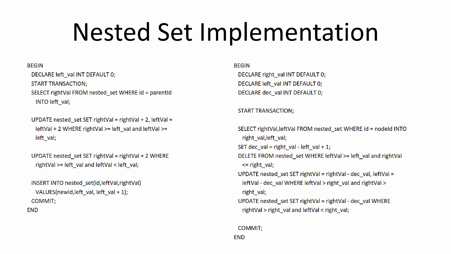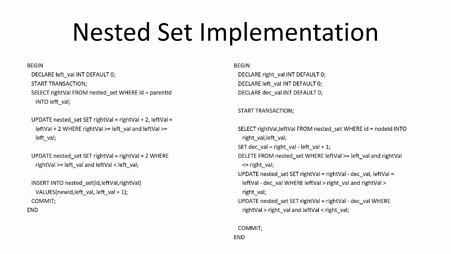And what the algorithm for adding is doing is first it's passed in the parent ID, and so it gets the right value of the parent ID. So the first update changes the left and right value of every node that has a left and right value greater than the right value of the parent.